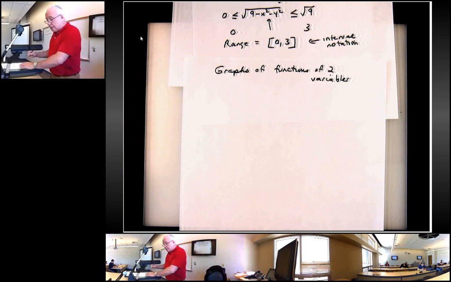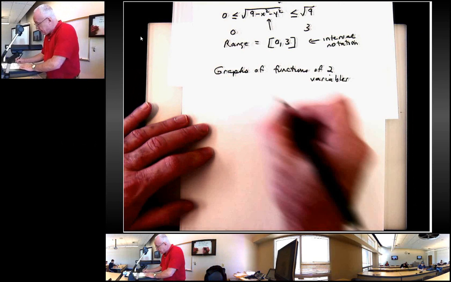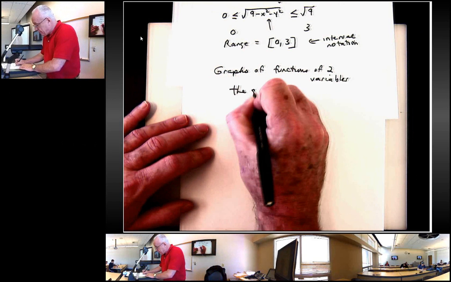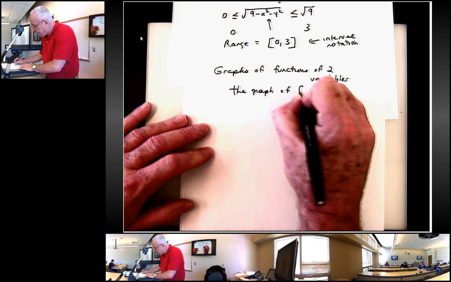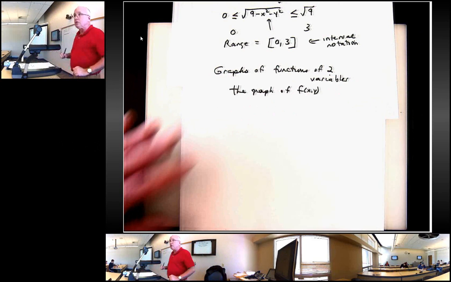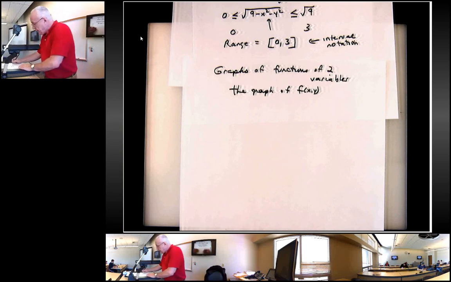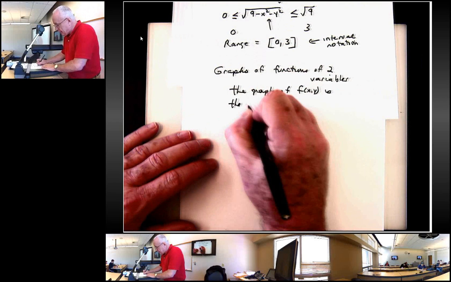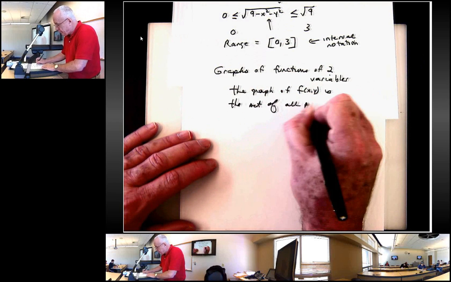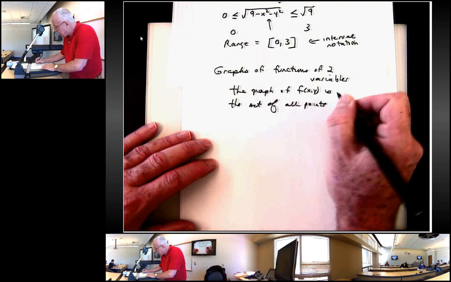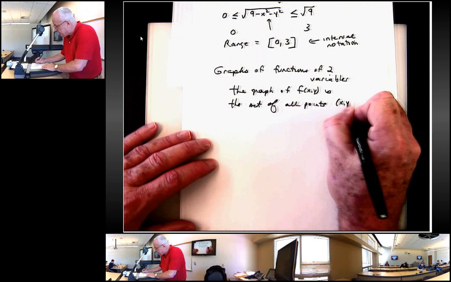But more specifically, the graph of f of x, y, this function of two variables, is the set of all points x, y, and z.